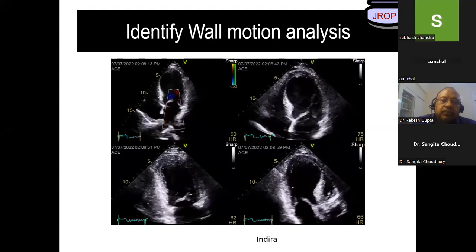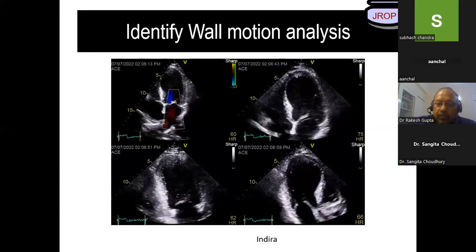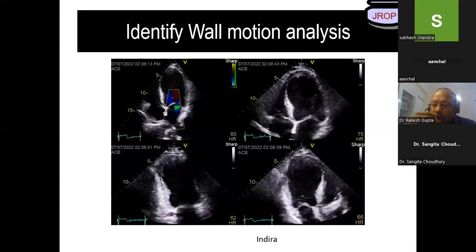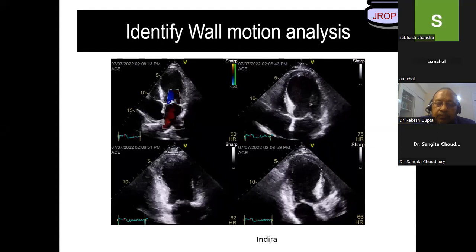And in the apical three chamber view, there is again thinning and akinesia of the anterior septum, apical and mid portion of the anterior septum.